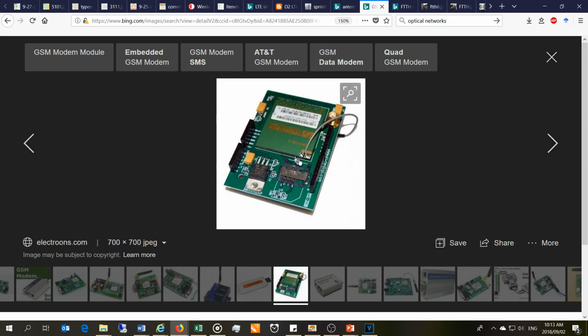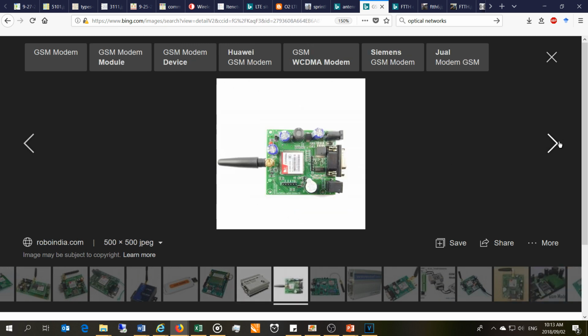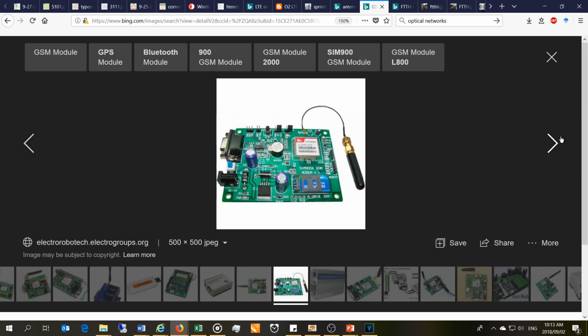Well, guess what? There has to be some sort of transmitter. And you'll see that here we have circuitry that allows us to transmit the information. So we can't just have the connector. We also need electronics that allow us to couple or get the bit stream, the signal, onto the medium.